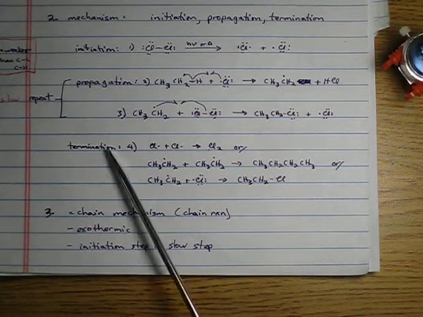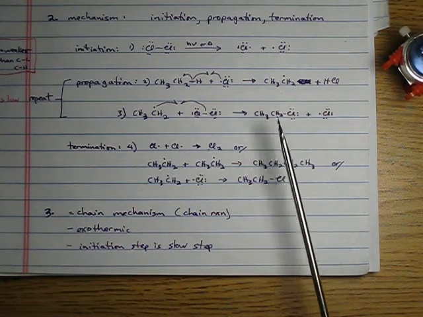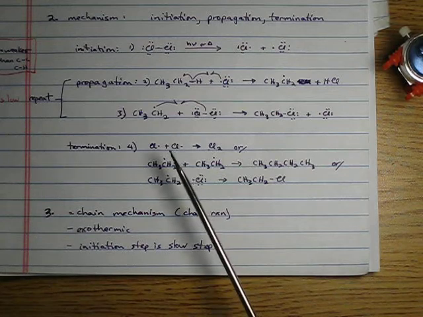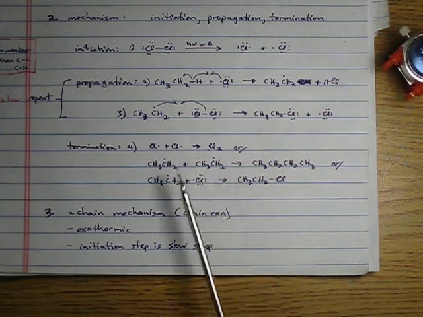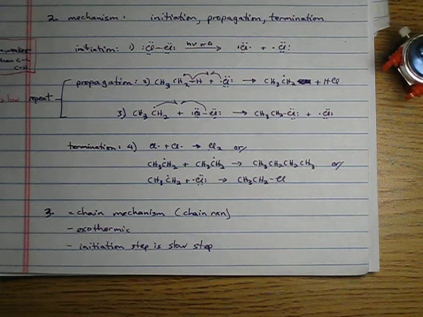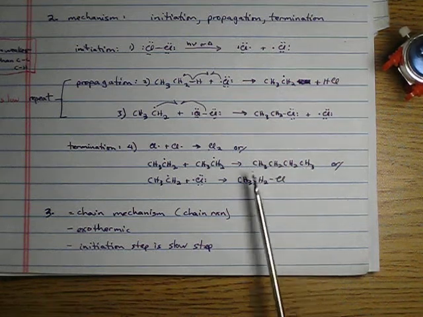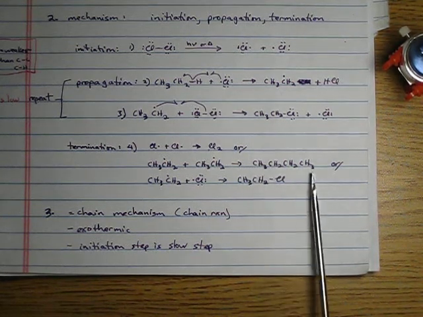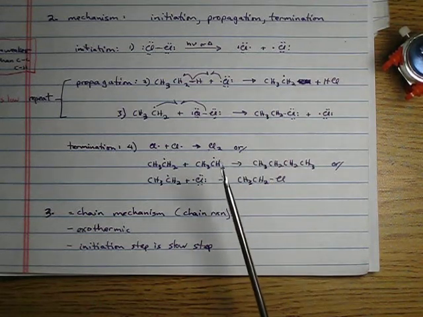But note, these termination steps only occur at the very end, when you've got a lot of product made, and then these radicals can't find anything else for hydrogen abstraction. And so that's the point when this shuts down, when radicals can start finding other radicals, and then it'll terminate. Will you have some of this butane in there? Yes, but it'll be a very, very small concentration of butane, easily separated from a reaction mixture.